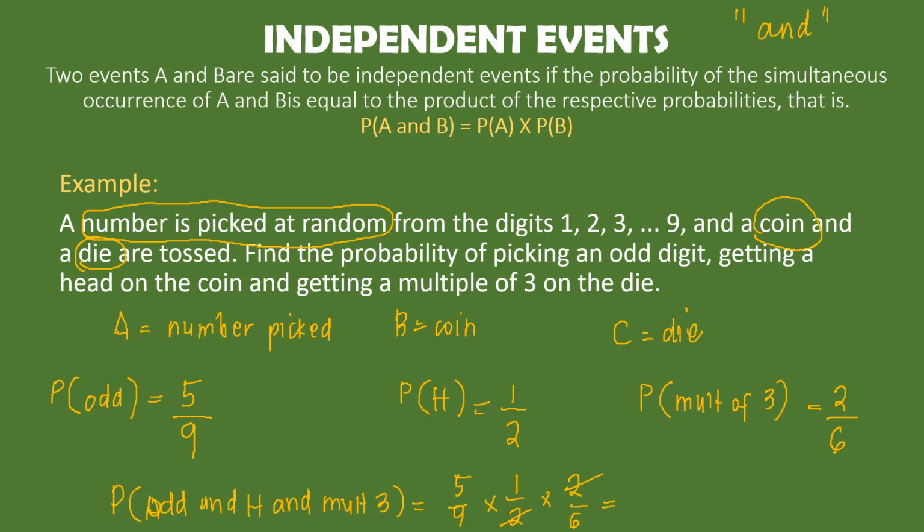So we will just have 5 out of 54. So 5 out of 54 chance, or if you want to put it in percentage, it's 9.2% for you to get all of these events simultaneously.